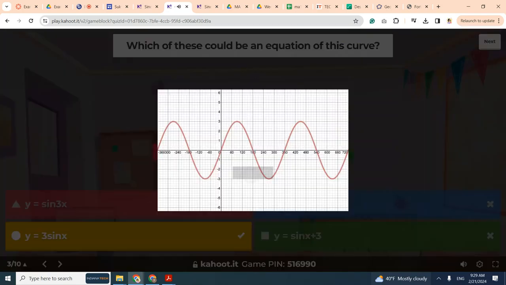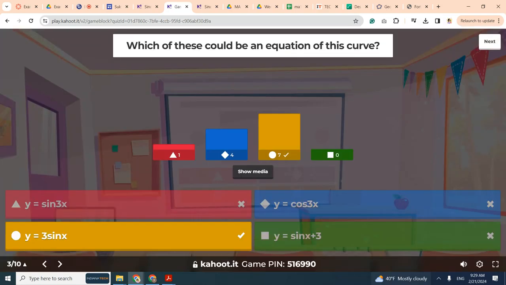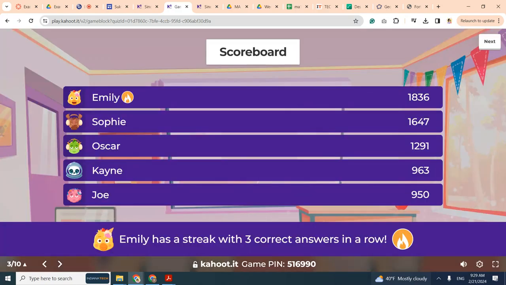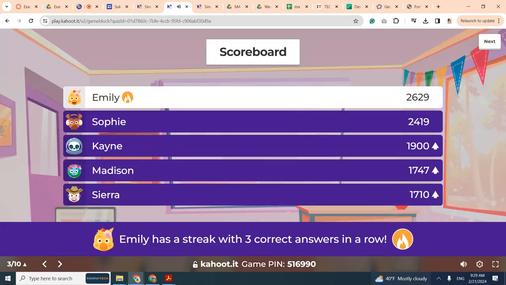So here the period is still 360, which is 2 pi. But the amplitude is 3. You multiply, by the way, it starts with 0. So this is a sine graph, not a cosine graph. So it's 3, the amplitude, times sine. Okay, if I have plus 3, what does that mean? Shift up 3 units. Okay, yes. Good. So Emily is leading.